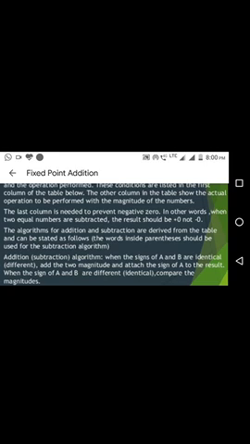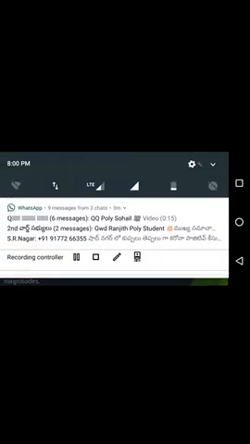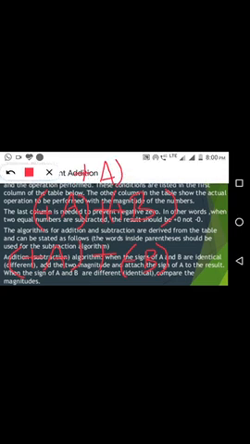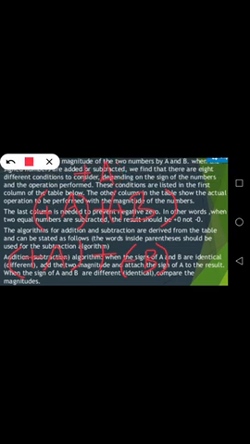If I am performing addition, then when you consider the sign, there can be plus A plus B, or plus A minus B, or minus A plus B, or minus A minus B. So these are the different possibilities.